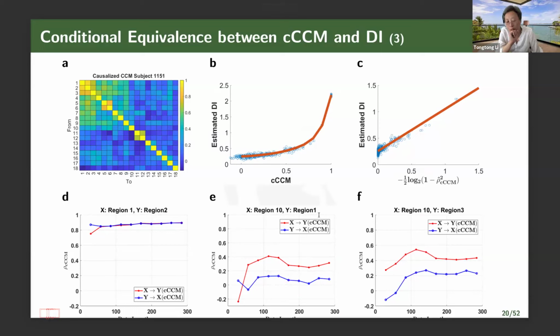These regions all belong to DMN. In figure F, it is the other way: region 10 has stronger influence on region 3 than the reverse direction. So we can see that CCM can detect bidirectional and unidirectional causality in the brain network.